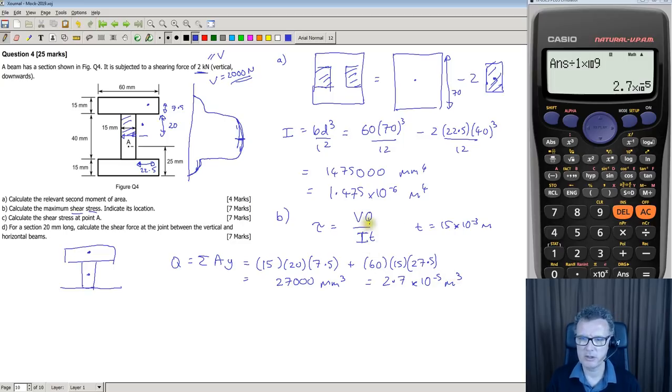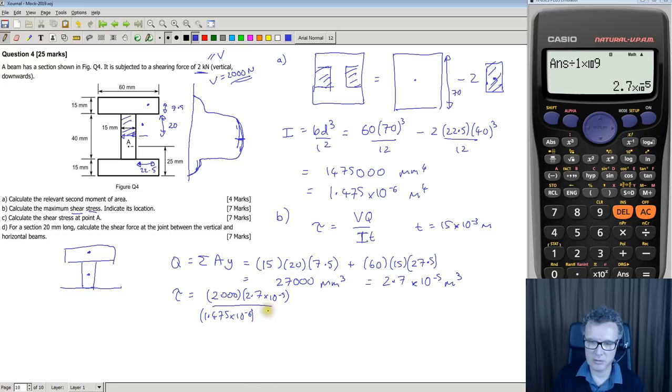So I've got my values to stick into the shear stress equation here. So I've got 2000. Got Q of 2.7 times 10 to the minus 5. I've got I of 1.475 times 10 to the minus 6. And I've got a thickness of 15 times 10 to the minus 3. What does that all equal?